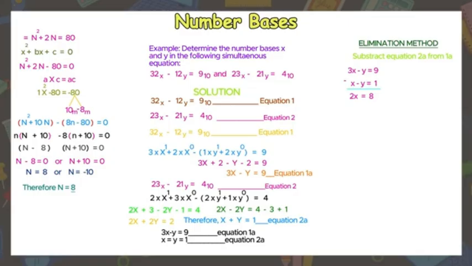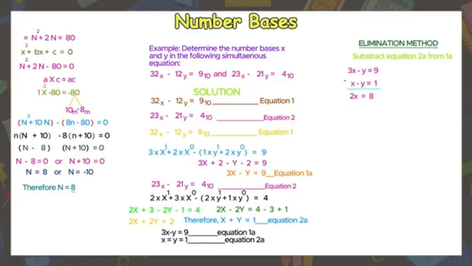So minus y plus y will cancel each other. So we are now left with x minus 3x, and that means we are having 2x.